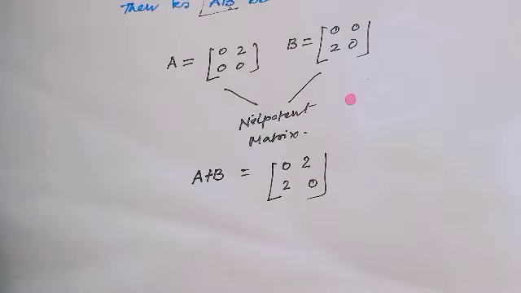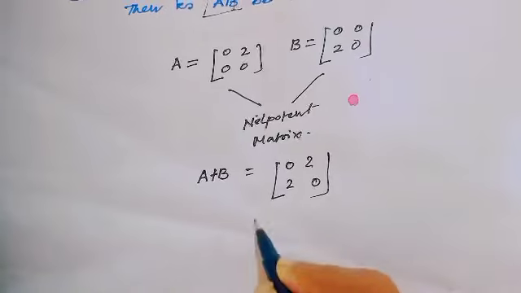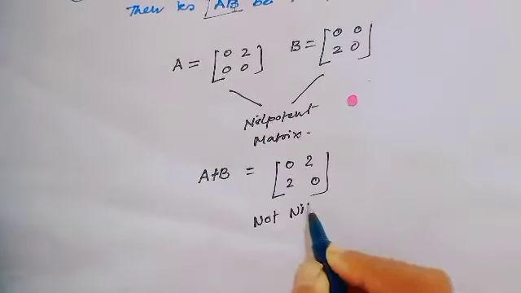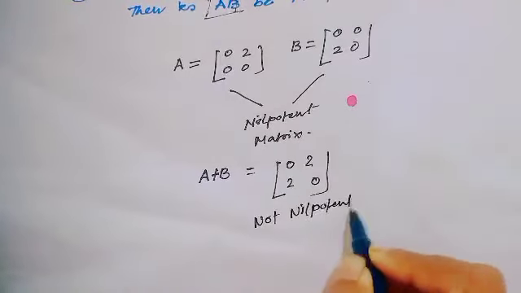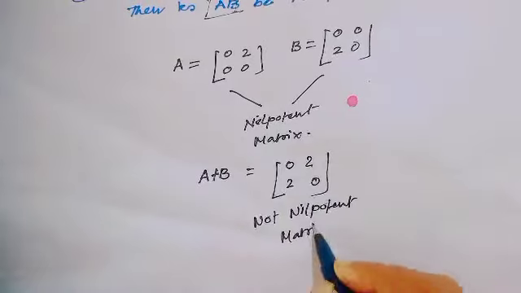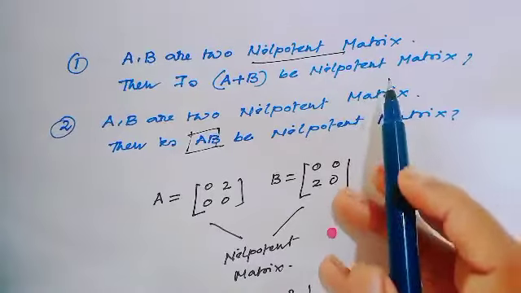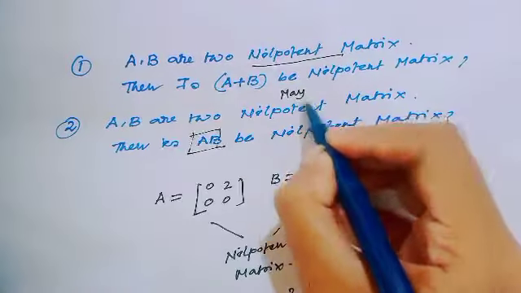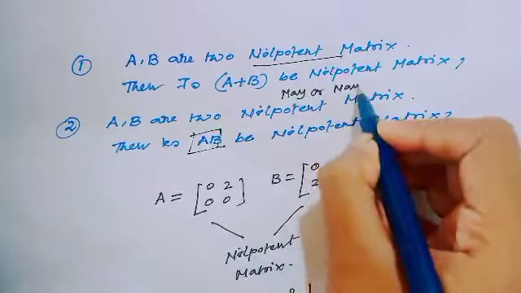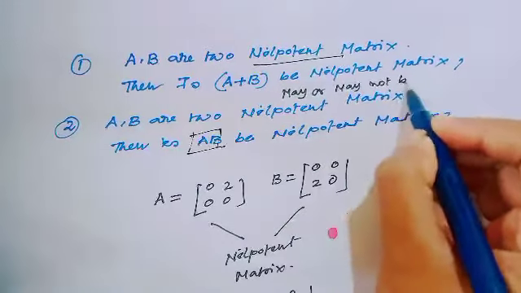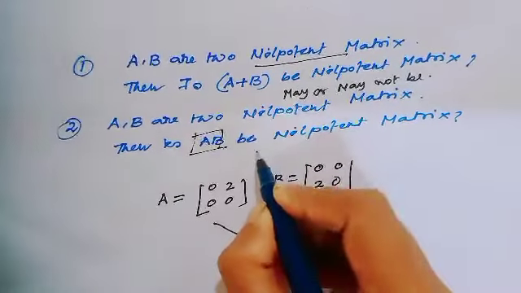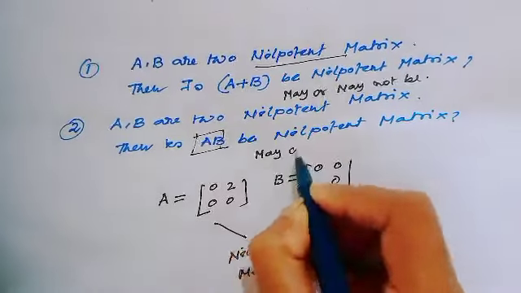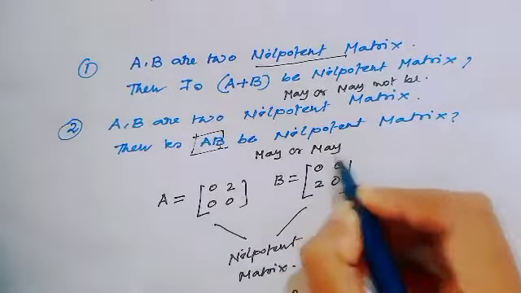This is not a nilpotent matrix. So if A and B are both nilpotent matrices, then their sum may or may not be a nilpotent matrix. Are you getting? So their product may or may not be a nilpotent matrix.